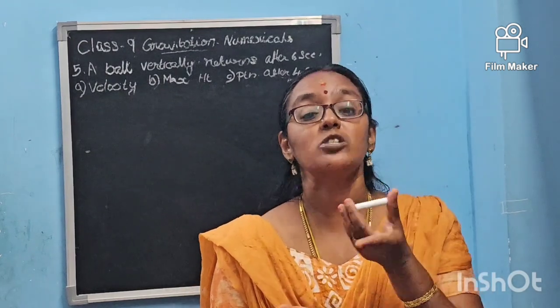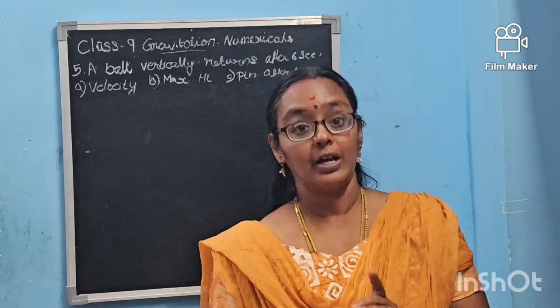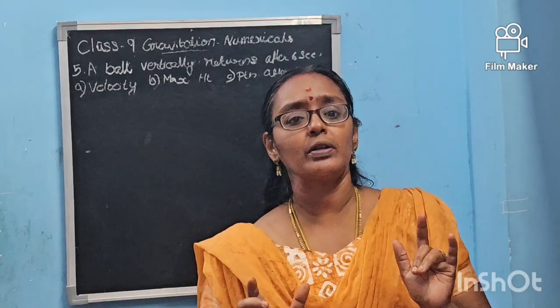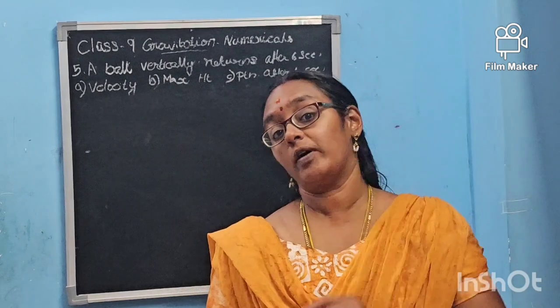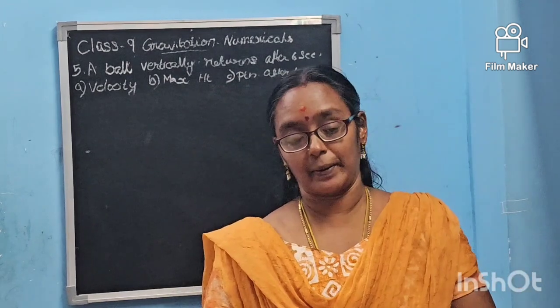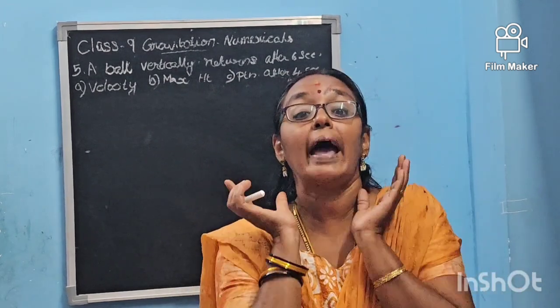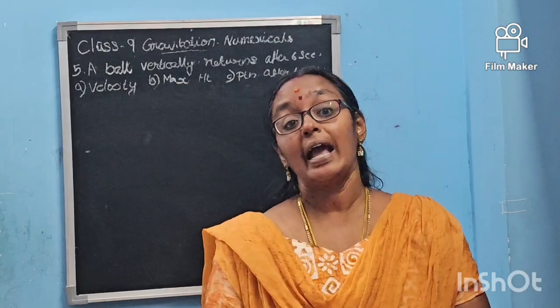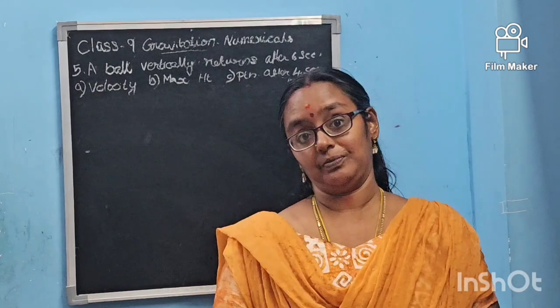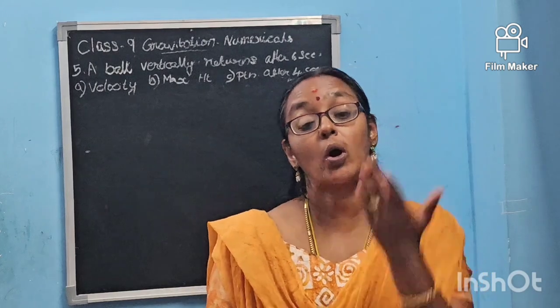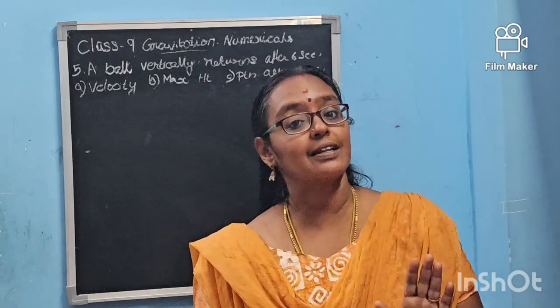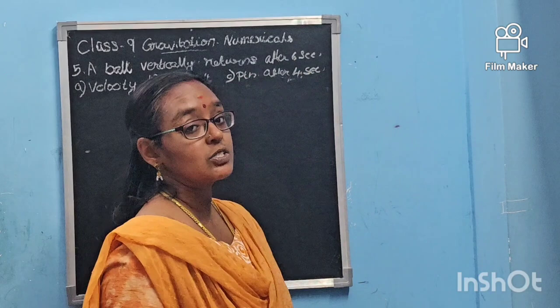So the total displacement will be 0, isn't it? Then it is thrown upward, and only then is it coming back. So what will be the acceleration due to gravity? Acceleration is negative because it is thrown upward. So acceleration is negative. So these things you are getting.